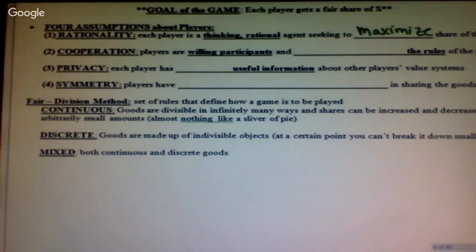We're talking money. So every player is thinking, I want more, I want more, I want more. They're also going to be cooperative. Players are willing participants and they accept the rules of the game. There's no sore losers. You get what you get, suck it up.